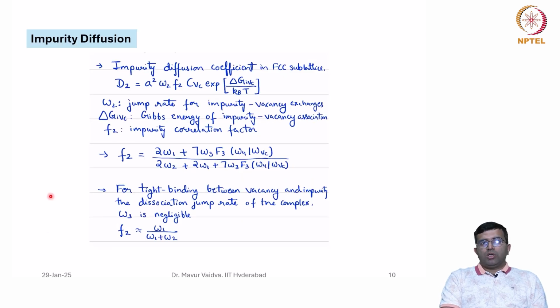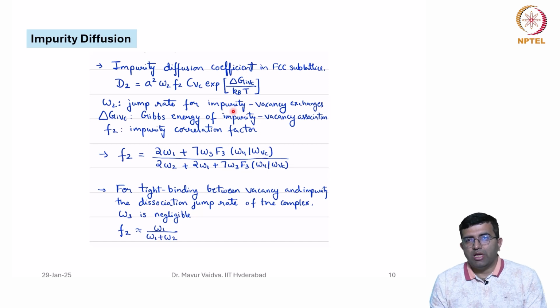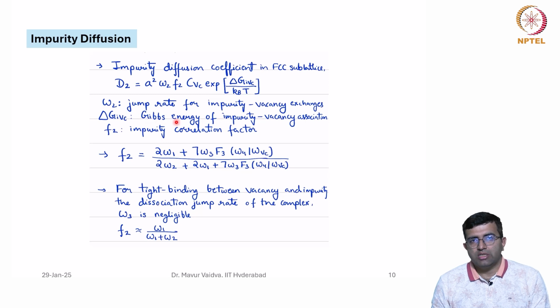Now, coming to the impurity diffusion coefficient, like we have written before, the impurity diffusion coefficient in the FCC sublattice can be written as D2 = a squared omega 2 f2 CVC exponential of minus delta G IVC by kBT, where delta G represents the Gibbs energy of impurity vacancy association, f2 is the correlation factor, and omega 2 is the jump rate for the impurity vacancy exchanges.